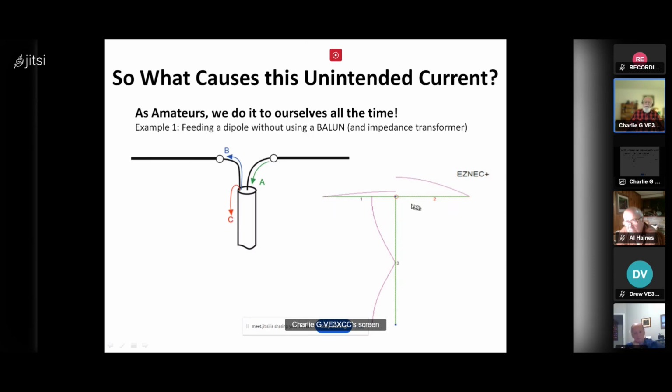One leg of your dipole has a nice big maximum current flow at the center, like we'd expect. But the other leg, that B leg, isn't getting the current to radiate that we'd expect. In fact, a very large portion of it ends up bouncing back along the outside edge of that coax.